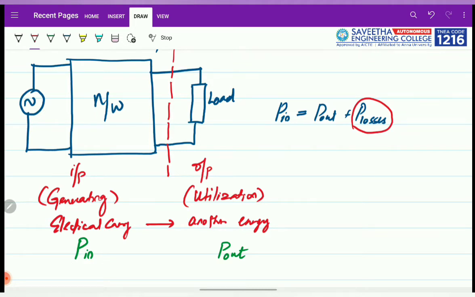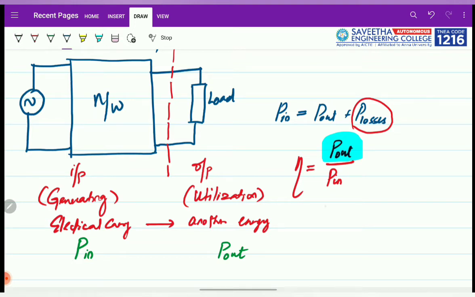But our design will focus on making these losses as small as possible, because my efficiency is calculated as the output power divided by the input power. So I should always have the numerator greater in order to have a greater efficiency.